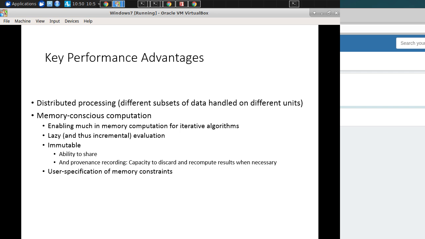Instead of keeping around the full result, we just know how to go get it if we need it. So we can trade off computation now against memory. We can recompute something if it's pretty quick rather than keeping it around in memory. We can discard it, in short, with the complete confidence that it can be recreated.